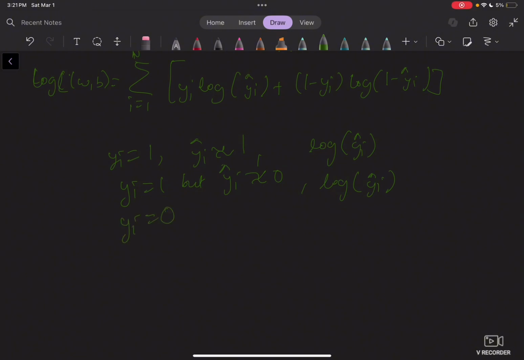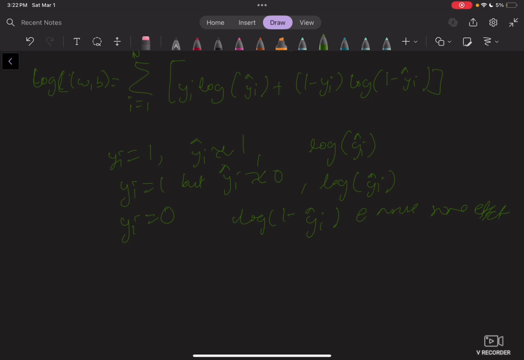If yi is 0, then the second term, log(1 minus y hat), ensures the same effect. And there is stronger penalization for confident wrong predictions, which forces the model to adjust parameters quickly. Unlike mean squared error, which leads to vanishing gradients, cross-entropy provides good gradients even for small probability values.